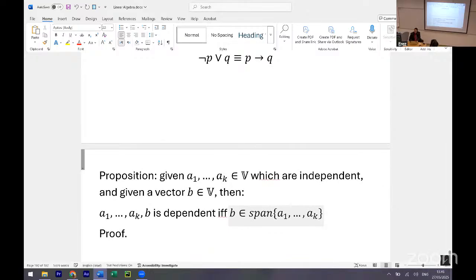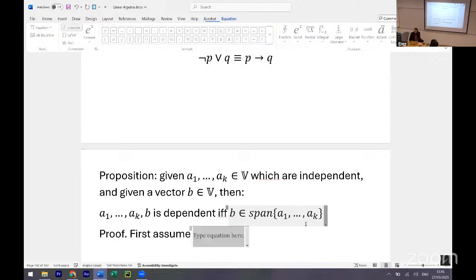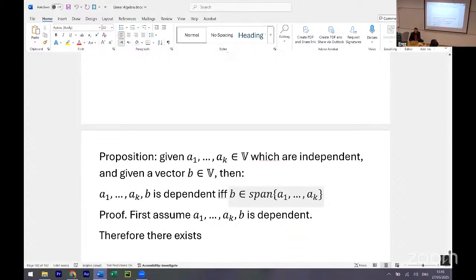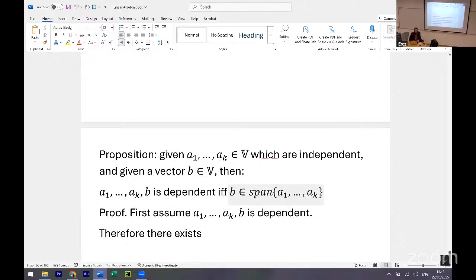In the first direction, first assume A1 to AK, B is dependent. By definition, what does that mean? That you can make B out of the... No, that's not the definition. That's what you want to prove. What's the definition of linear dependence of vectors? The scalar combination.